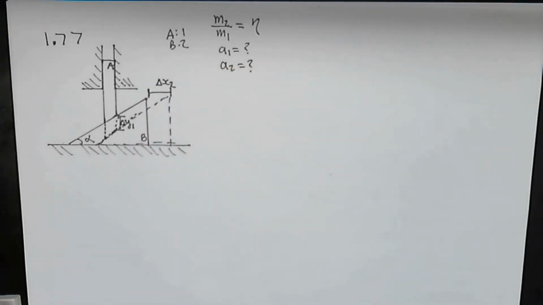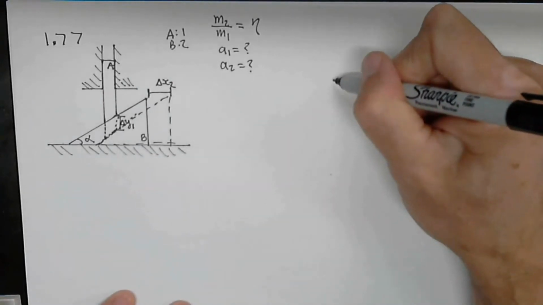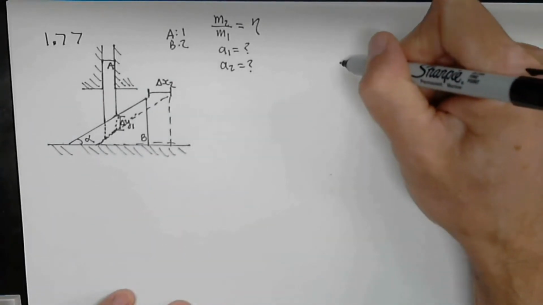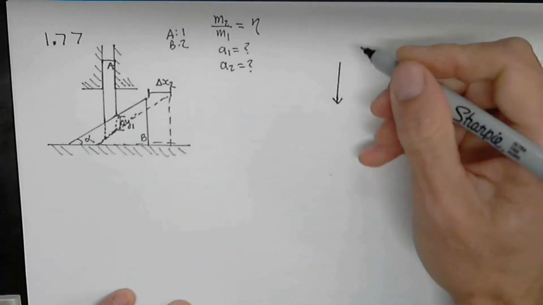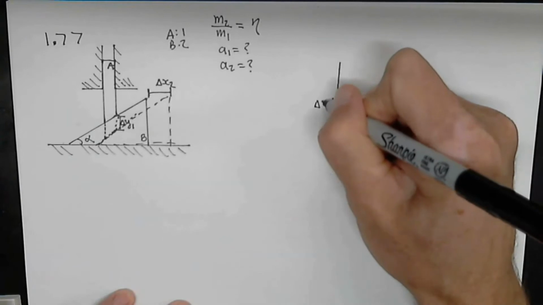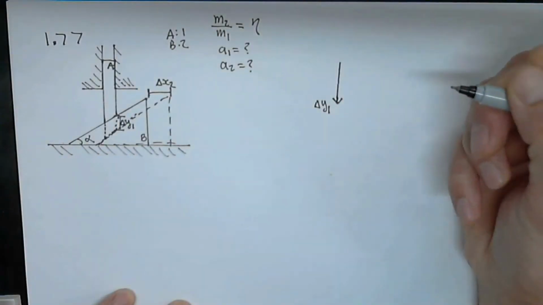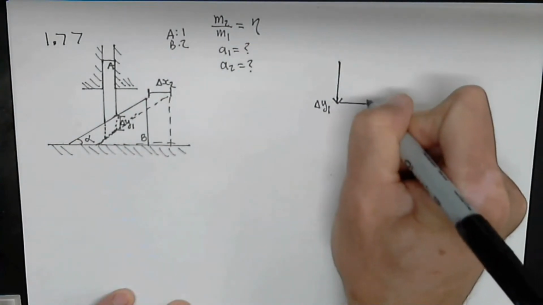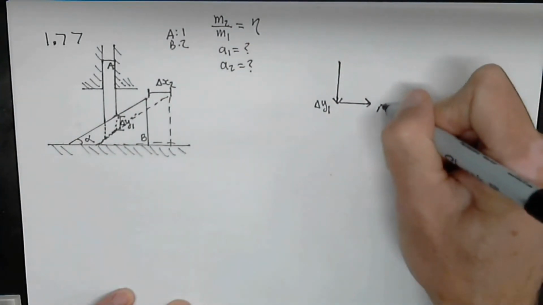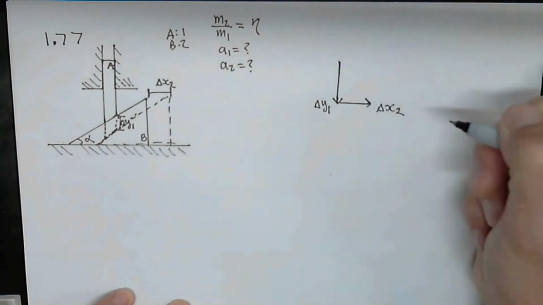If I draw this motion, this is the displacement of the rod, and this is the displacement of the wedge.